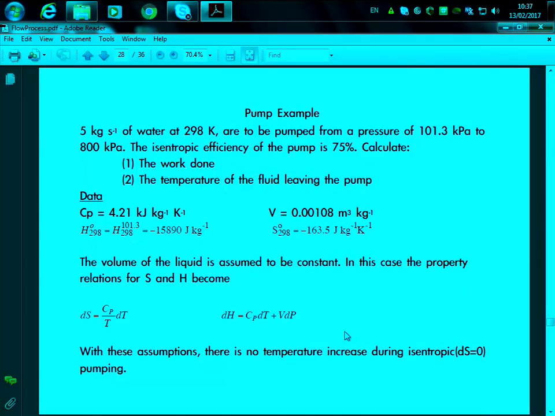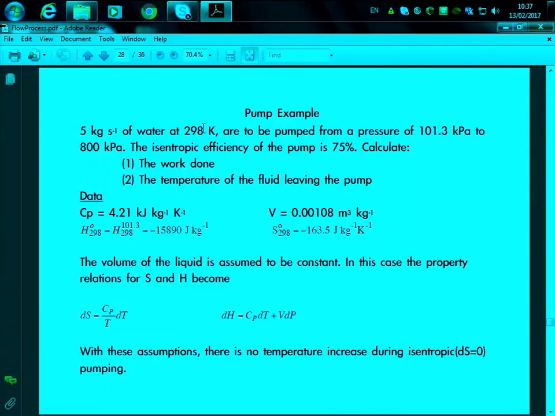And in this case, we're going to look at the changes in properties. So we have 5 kilograms per second of water at 298 kelvins, and this is to be pumped from a pressure of 101.3 kilopascals to 800 kilopascals. Again, we're given the isentropic efficiency of the pump, 75%, and we want to calculate the work done by the pump and the temperature of the fluid leaving the pump.